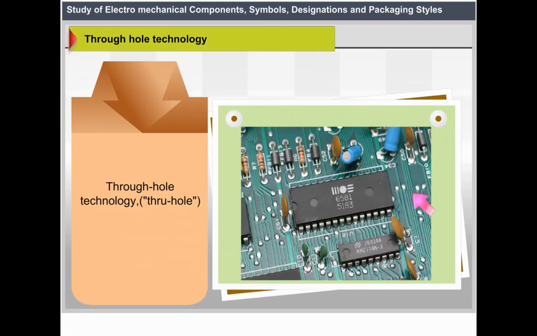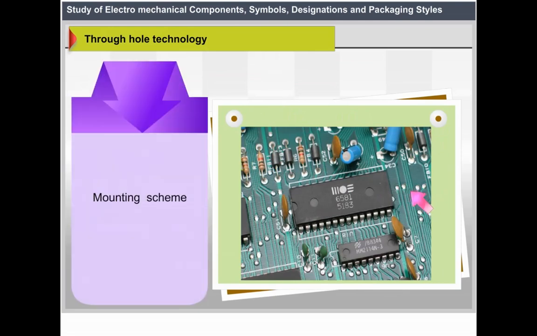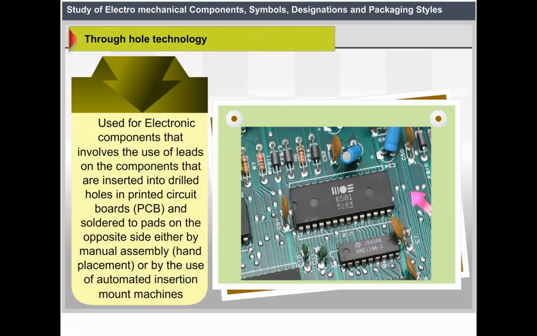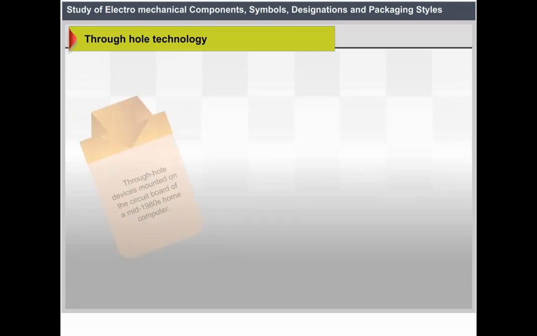Through-hole technology is a mounting scheme used for electronic components that involves the use of leads on the components that are inserted into holes drilled in the printed circuit boards and soldered to the pads on the opposite side, either by manual assembly, hand placement, or by the use of automated insertion mount machines.